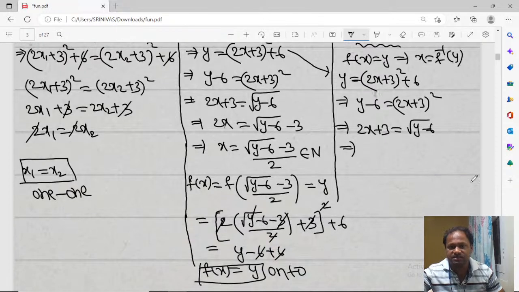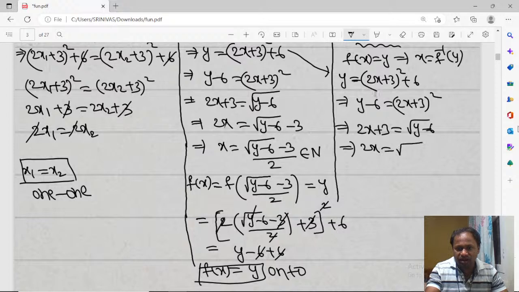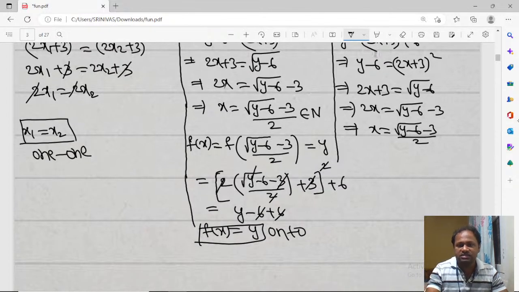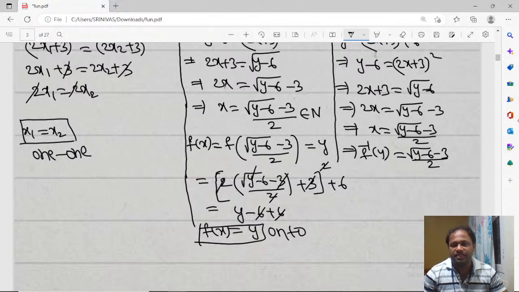That implies 2x is equal to square root of y minus 6 minus 3. That implies x is equal to square root of y minus 6 minus 3 by 2. So x, which is f inverse of y, is equal to square root of y minus 6 minus 3 by 2. Okay, so this is the method to find the inverse of a given function.